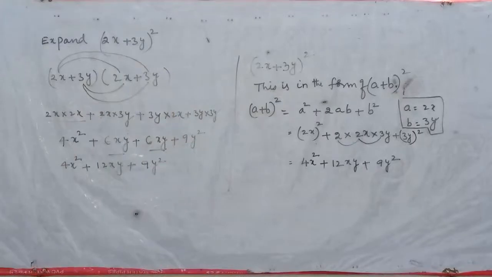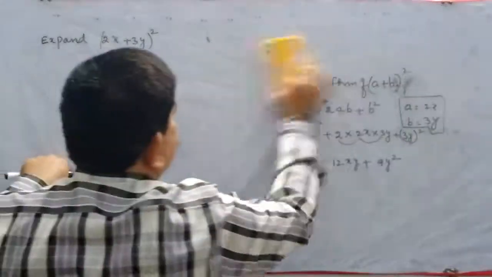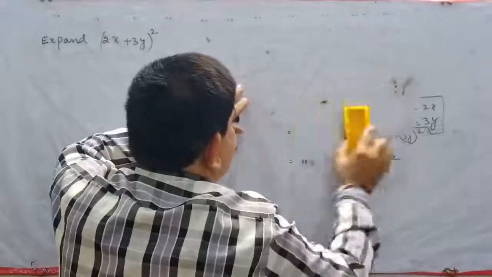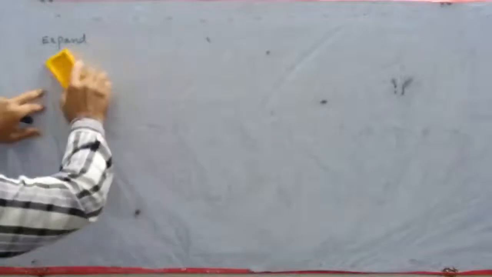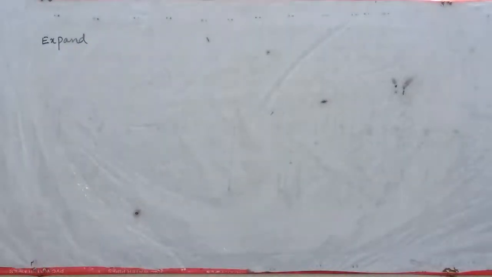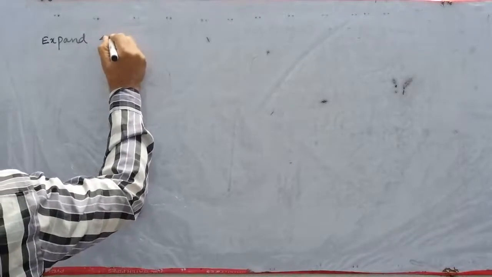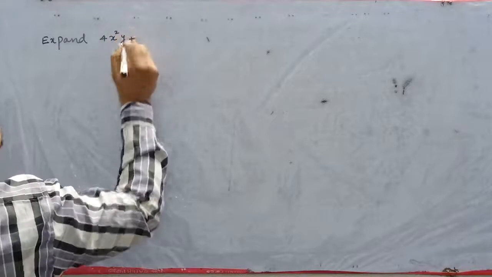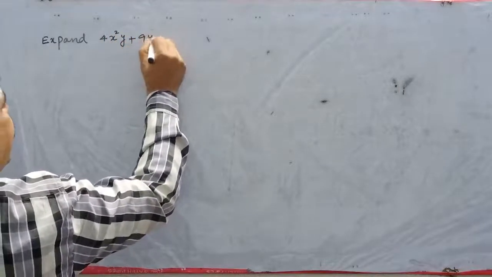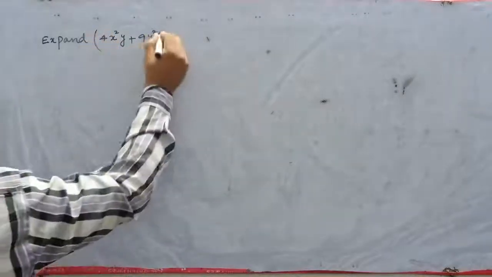Okay. Next one, in the same way, another problem. Expand (4x square y plus 9y square x) whole square.